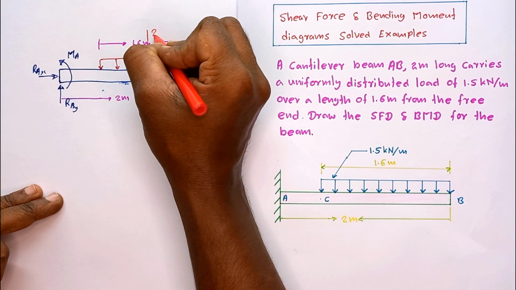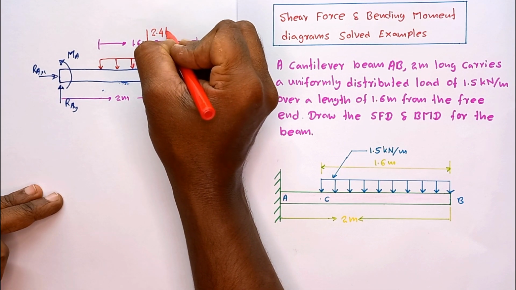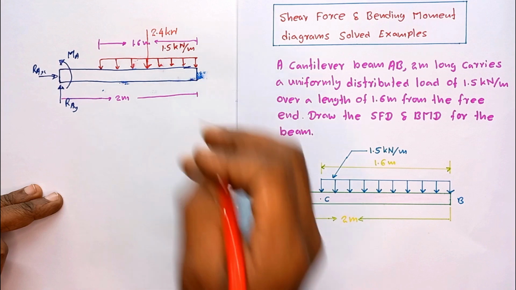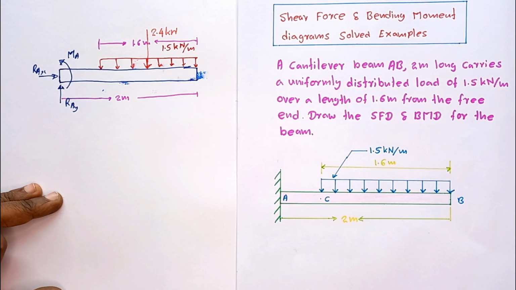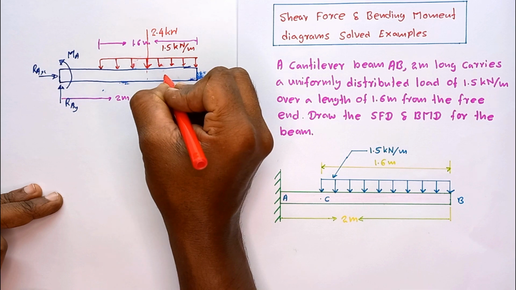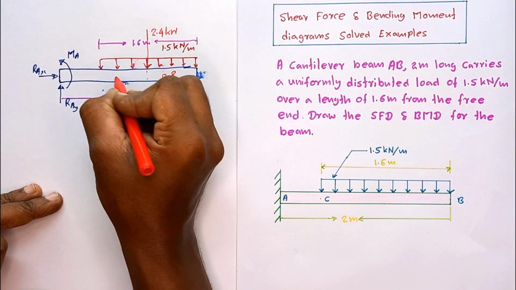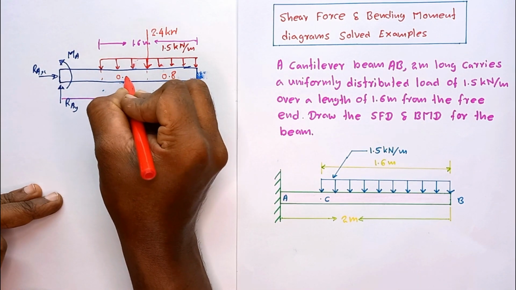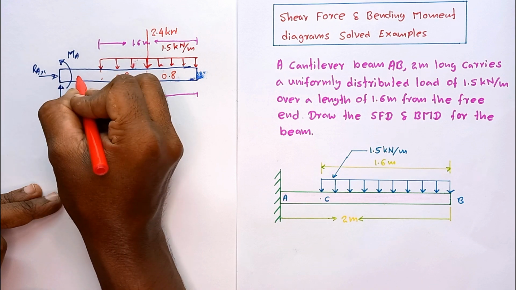This load is equal to 2.4 kilonewton, the resultant of the distributed load. Then this length is equal to 0.8, and this length is equal to 0.4.